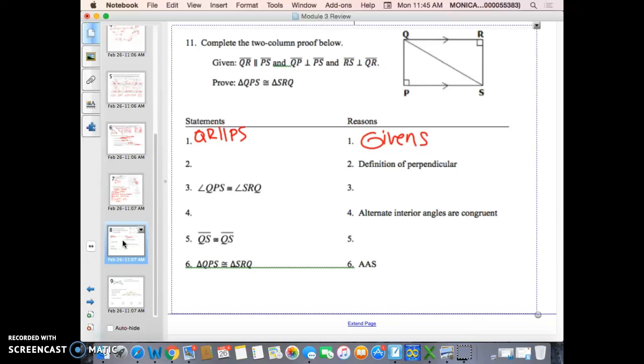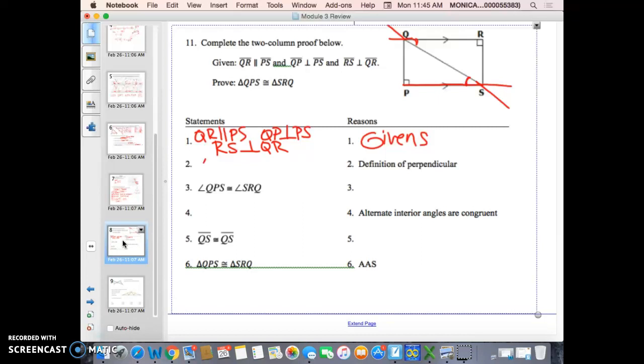So if I extend this out, go to this here, I can see that this angle is going to be congruent to this angle. All right, and QP is perpendicular to PS, and RS is perpendicular to QR.